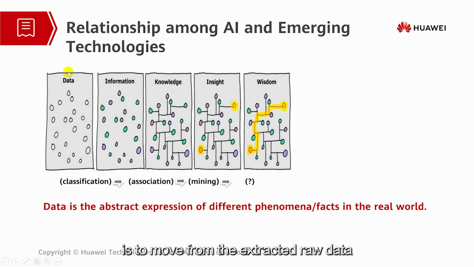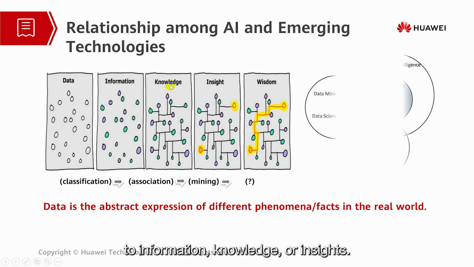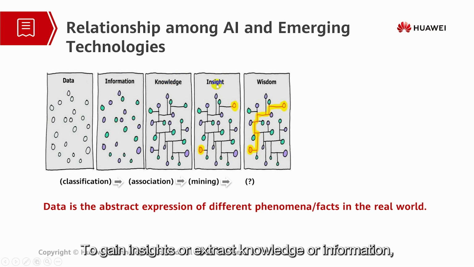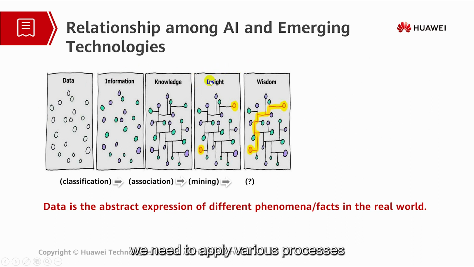Our goal is to move from extracted raw data to information, knowledge, or insights. To gain insights or extract knowledge or information, we need to apply various processes such as classification, association, mining, etc. Wisdom, on the other hand, is something that today's AI algorithms cannot yet achieve.